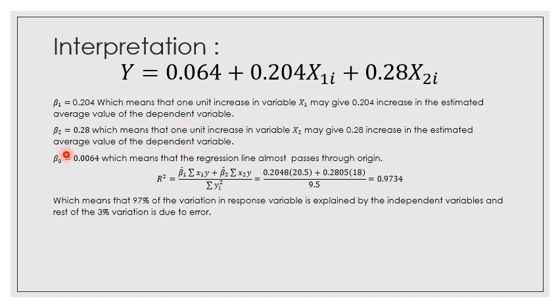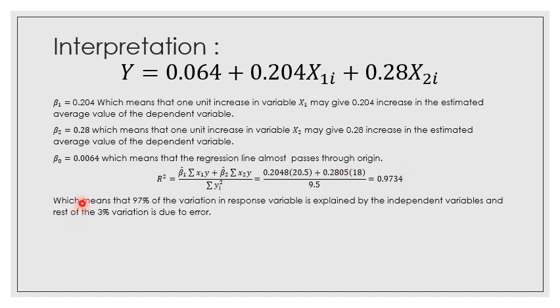Similarly, beta 2 is equal to 0.28, which means that 1 unit increase in variable x2 may give 0.28 increase in the estimated average value of the dependent variable. Similarly, beta naught is equal to 0.0064, which means that the regression line almost passes through the origin.